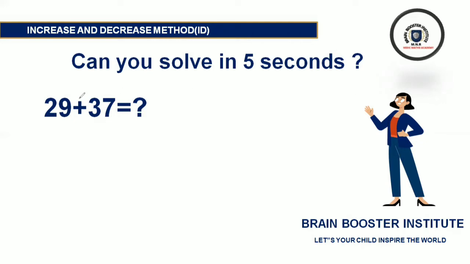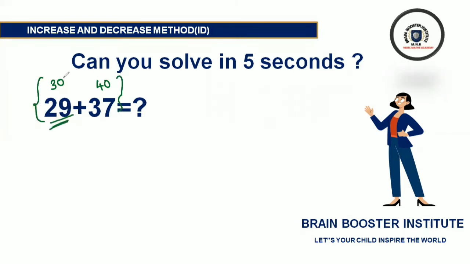First of all, we need to identify which of these two numbers is very close to an easier number. For example, for 29, the closest easier number is 30. And 37 is closest to 40. But by comparison of the difference, 29 is very close to 30.